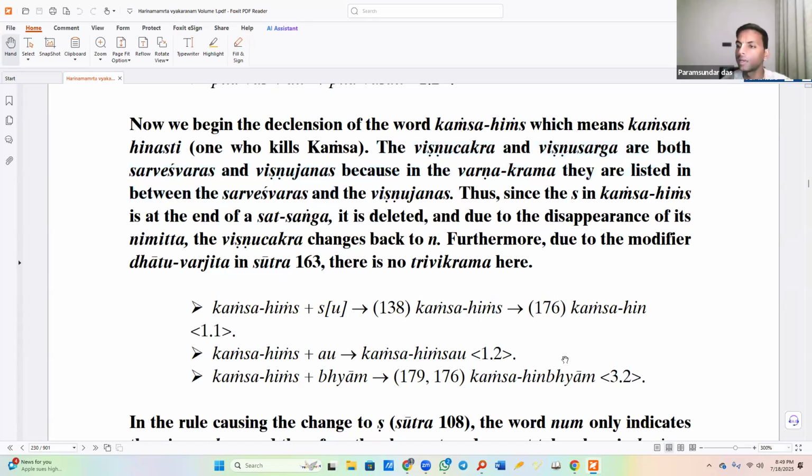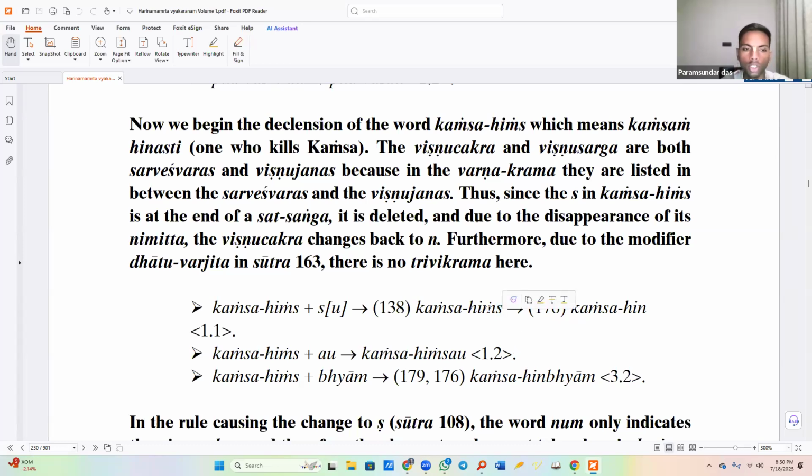See, Satsanga happens when two or more Vishnu Janas are together, clubbed together. So this Vishnu Chakra is considered Vishnu Jana, and then Sa is already there. So both of them will be considered a Satsanga. And thus the last letter will be deleted by Satsangantasya Haro Vishnu Padante.